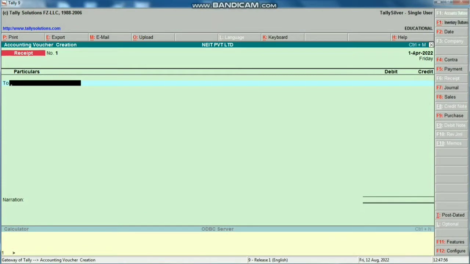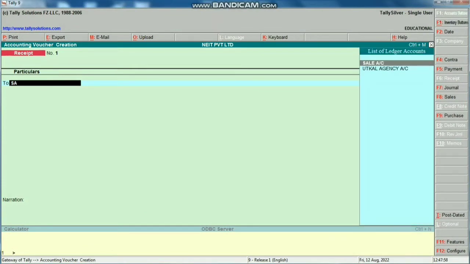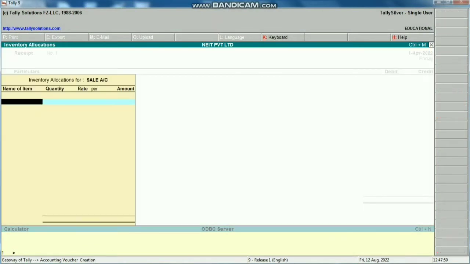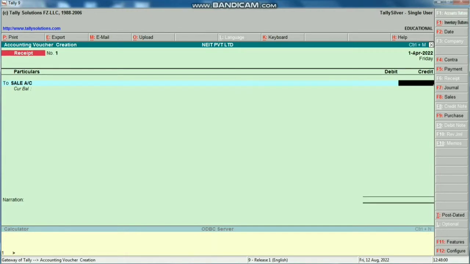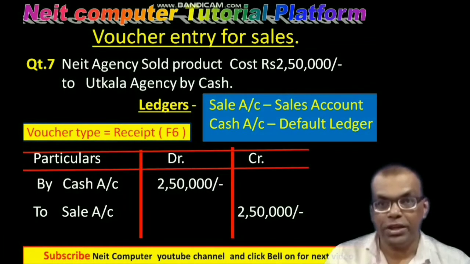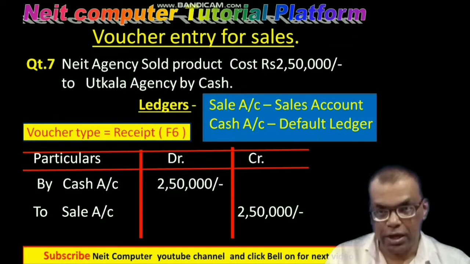The voucher type must be a receipt voucher, because as per this question the cash account must be debit and the sale account must be credit. Why does the cash account become debit? As per the rule of real account, cash is coming into the cash account by selling the product directly.